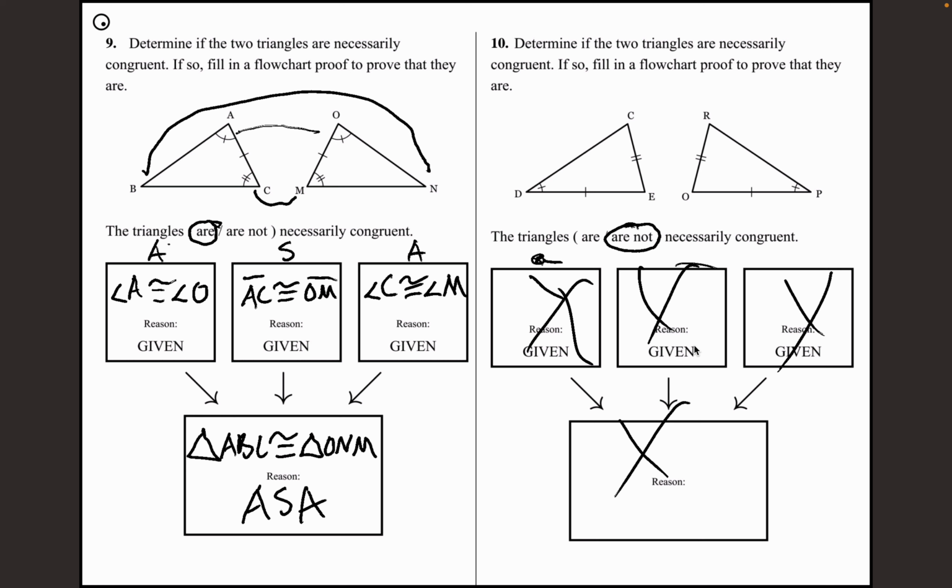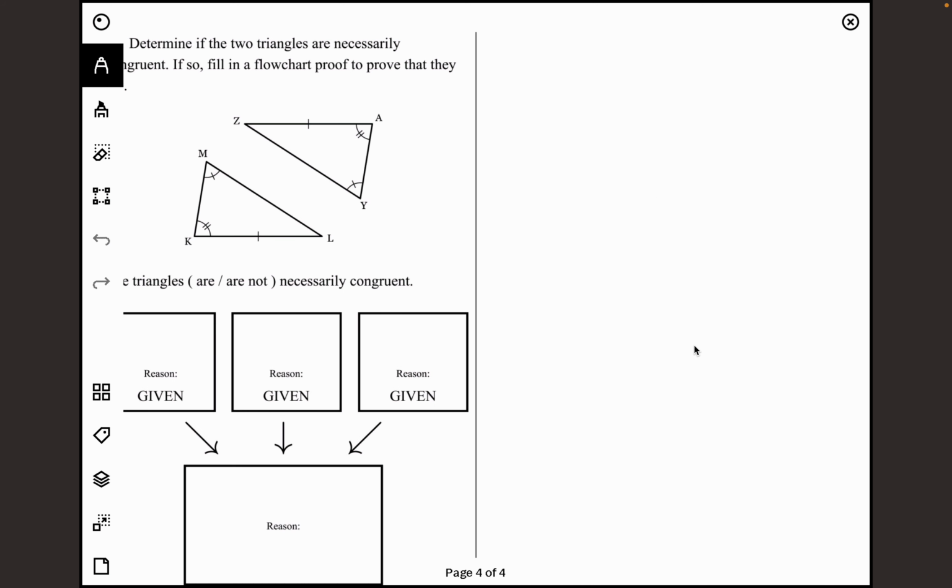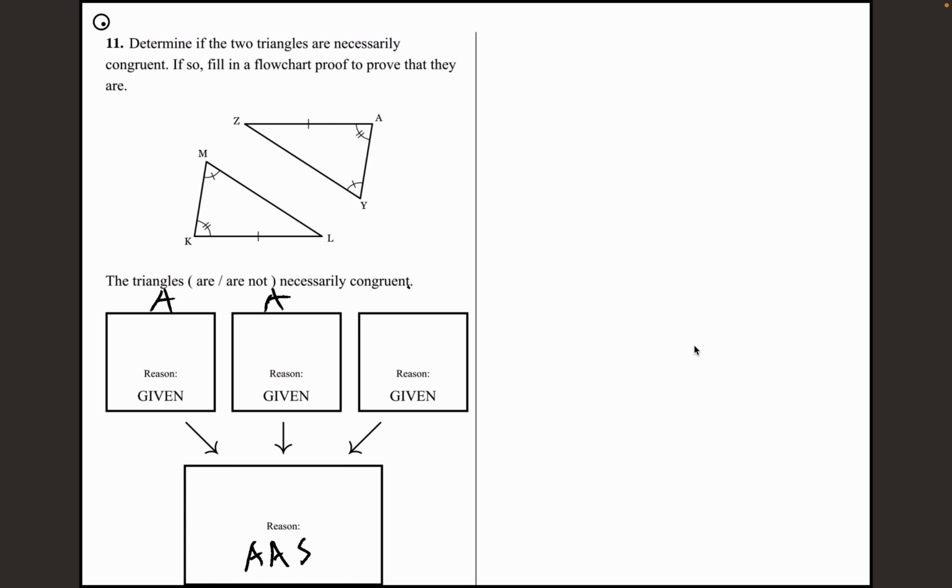I think I had one more example. If this one, what would this be an example of? Angle, angle, side. So when we do this one, put angle, angle, side as your reason. You have to make sure you do angle, angle, side.